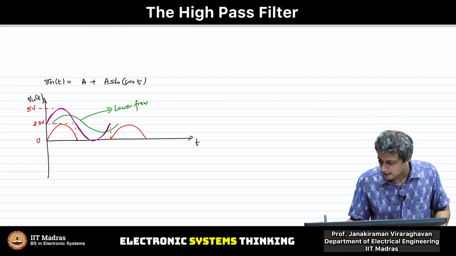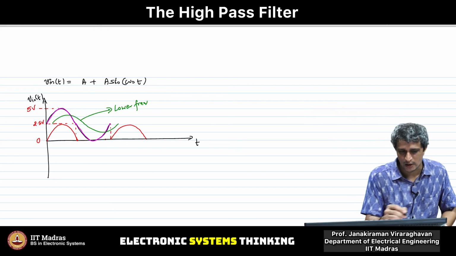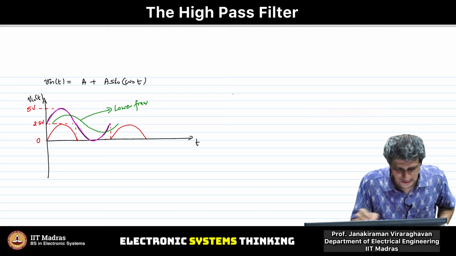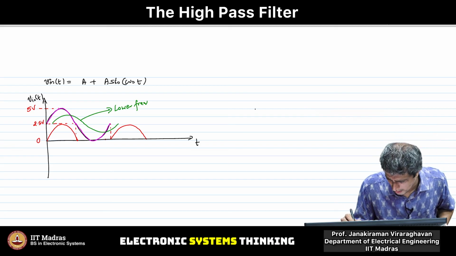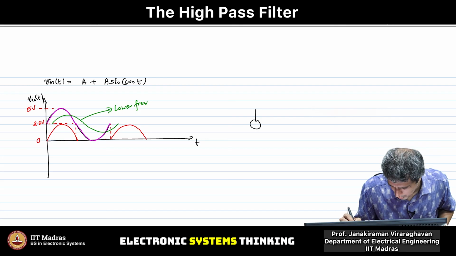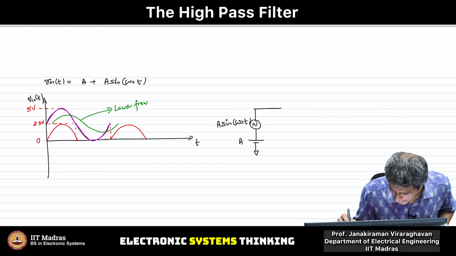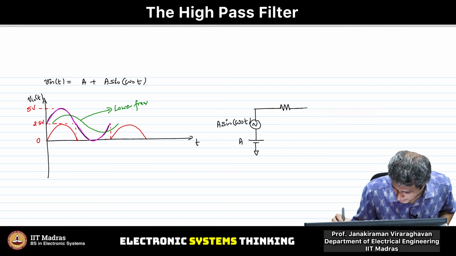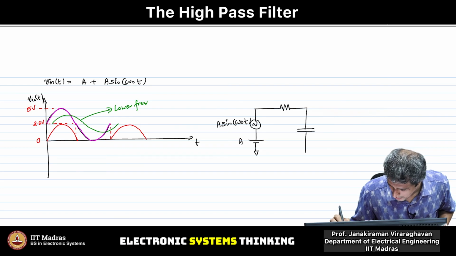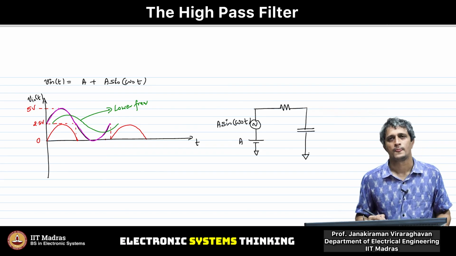So if you look at this particular input that we are giving to this high pass filter or the low pass filter, actually it doesn't matter, right. It's like this, this is A, this is my sinusoid, A sin omega naught t, and then I am giving it to the low pass filter or the high pass filter, okay.